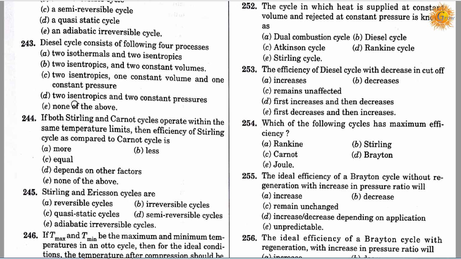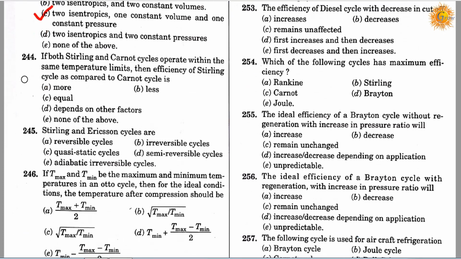Option D, 2 isentropics and 2 constant pressure. Option E, none of the above. So the correct answer is C. Diesel cycle consists of 2 isentropics, 1 constant volume and 1 constant pressure.